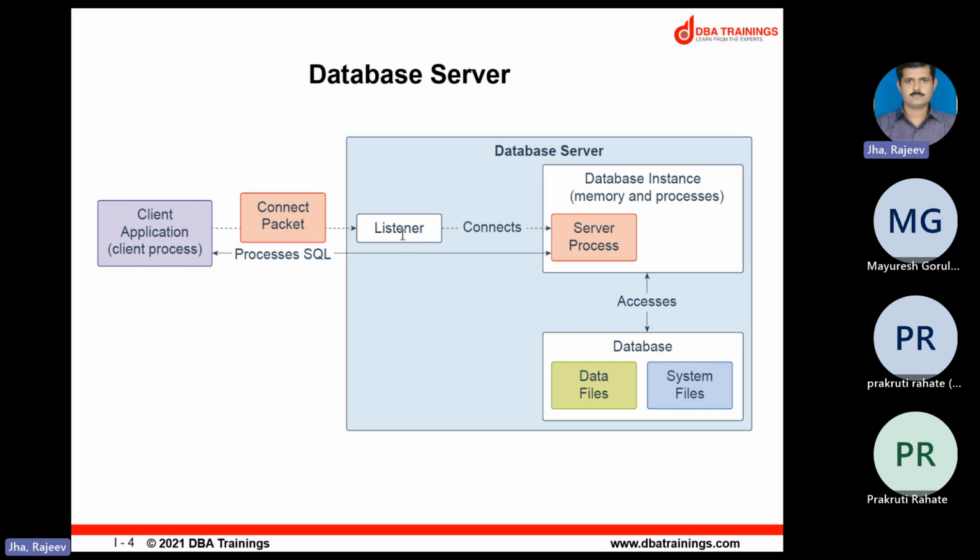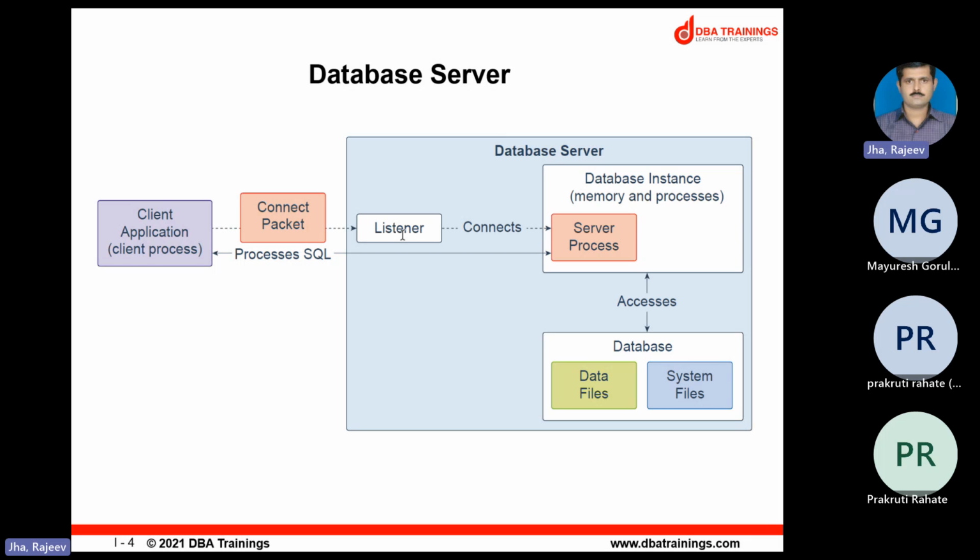We will talk about it later. But as of now, just see that the listener is located on the database server and it knows where to transfer the request from. Just think about it: the first time you want to come to my home or my office, you need to ask someone for the address.